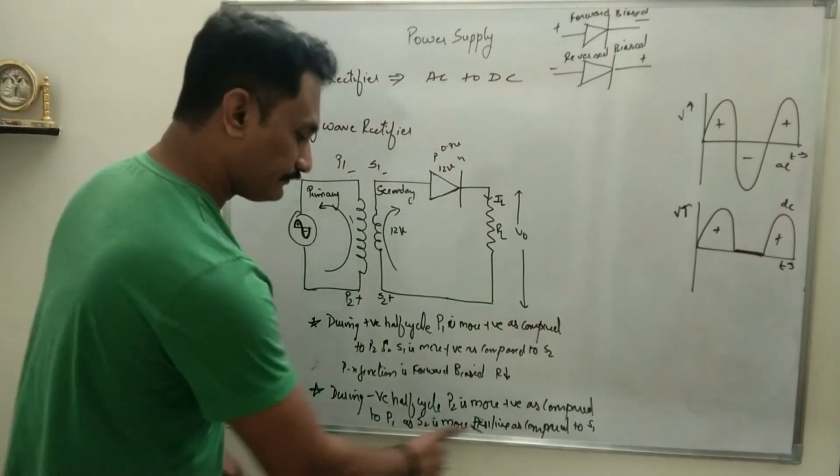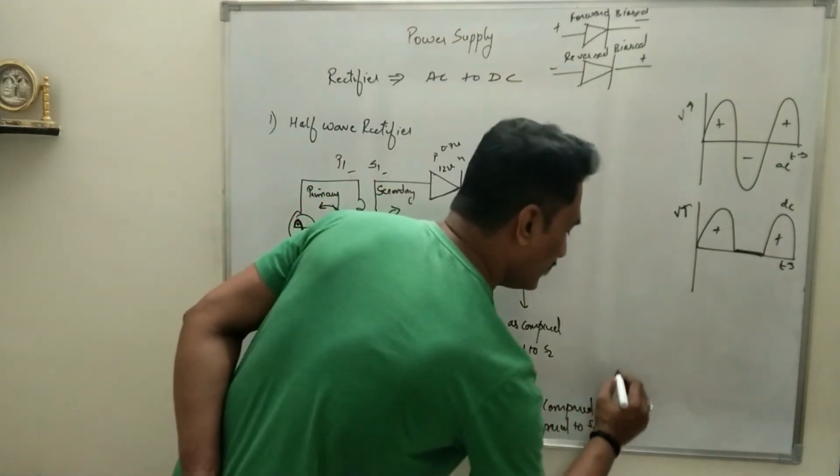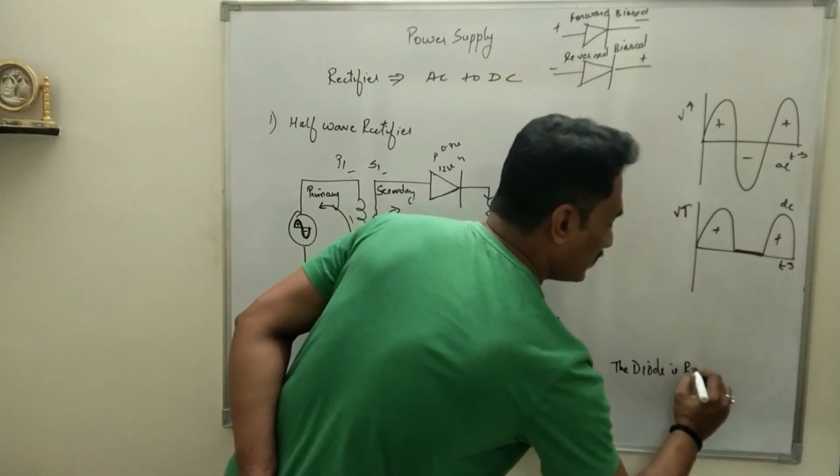So that is what we have to write. S2 is more positive as compared to S1. The diode is reverse biased.